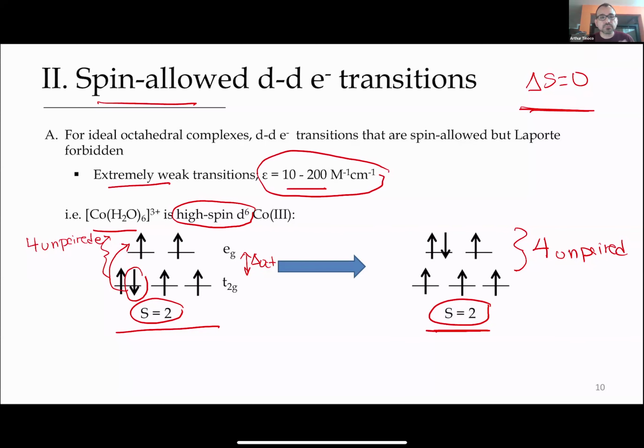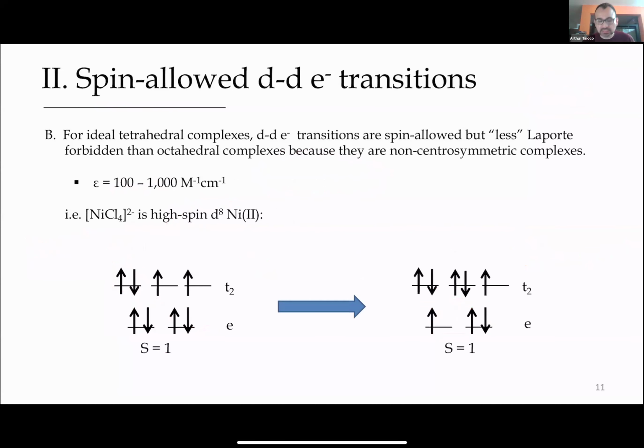All right. So let's look at another example of something spin allowed, and we're going to see an important difference. So remember that when we talk about these types of complexes, you can have different geometries. So this idea of delta octahedral is because we're focusing on octahedral, but this idea of delta can correspond to any geometry.